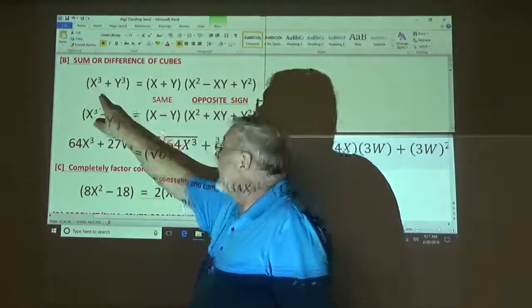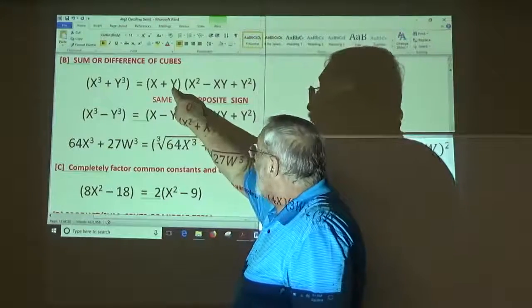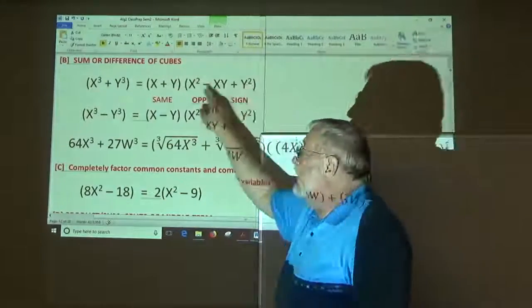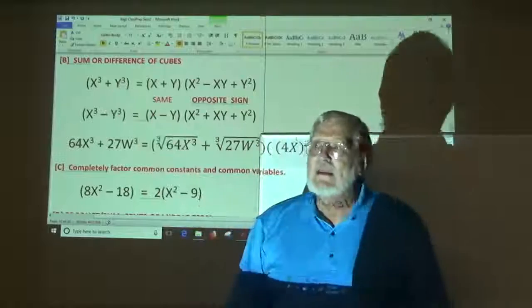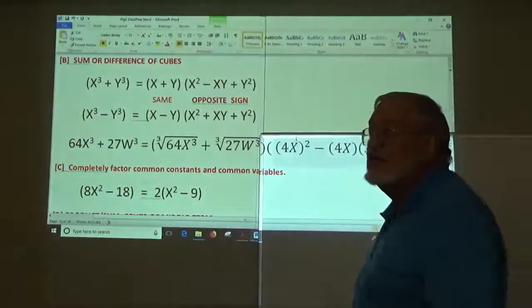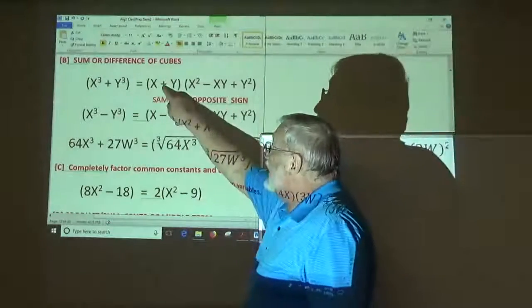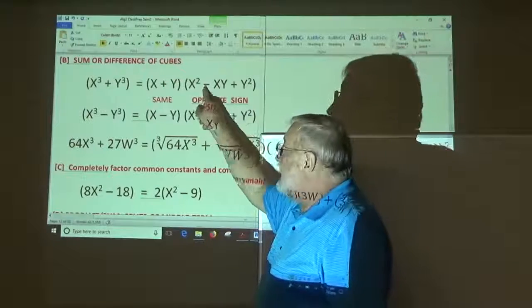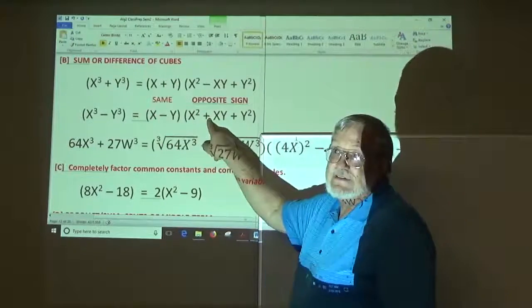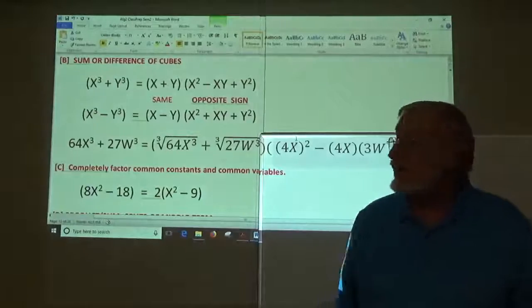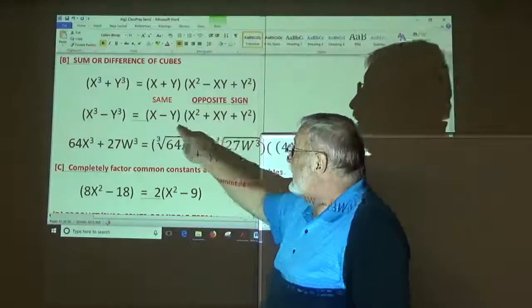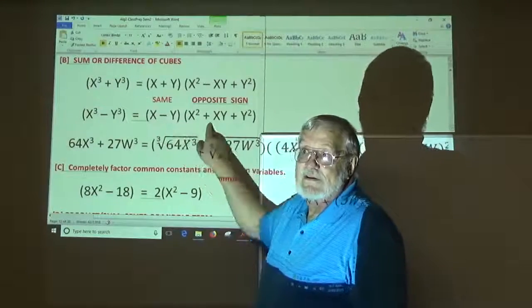It's x cubed, right? What on the end, what is y times y squared? It's y cubed. And in order for the other values to zero out by subtracting, if this is plus, this is minus. If this is minus, that is plus. And do you notice that this is these two numbers multiplied together.